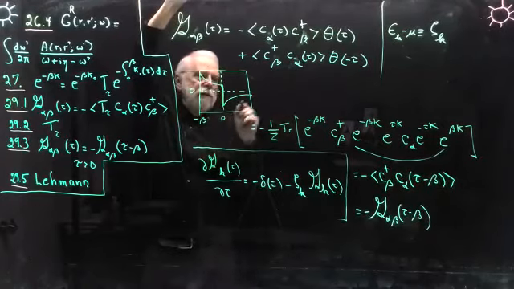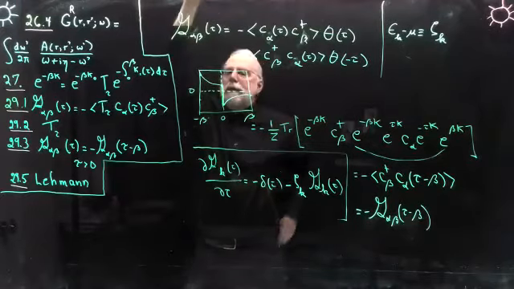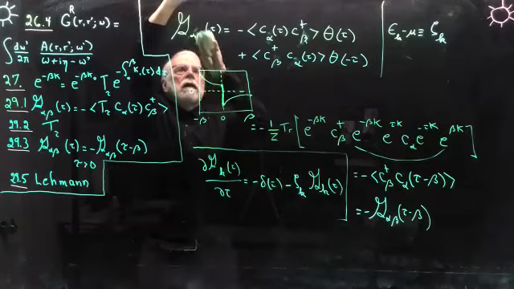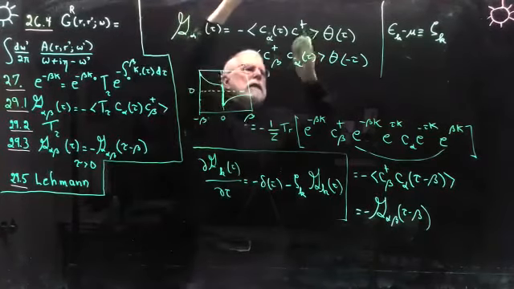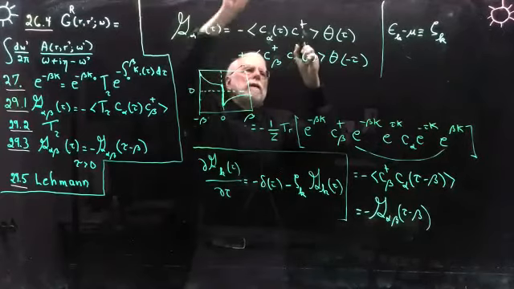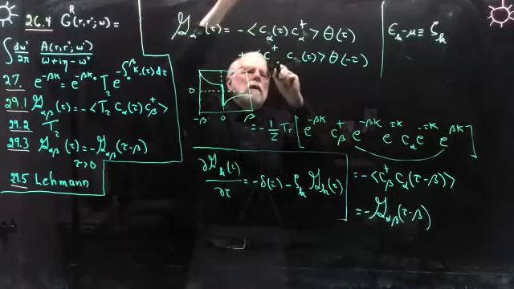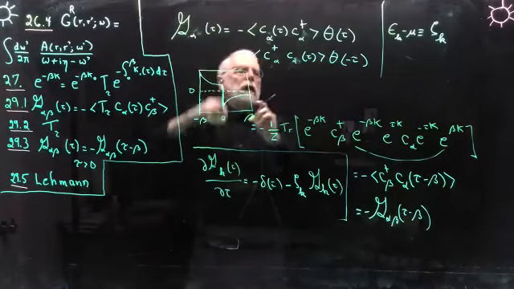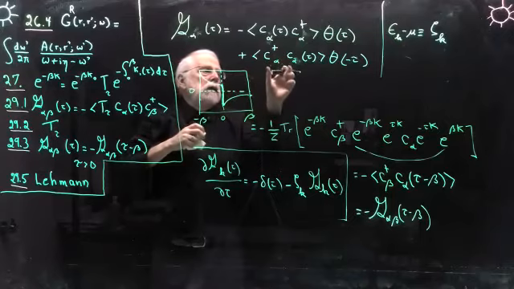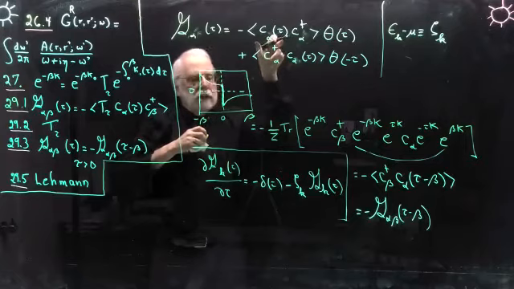Now, why is there a jump here? Because in this example we have the same index alpha, and C dagger alpha, C alpha is equal to 1 minus the other one.